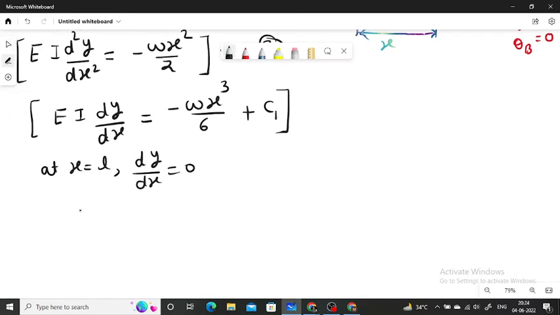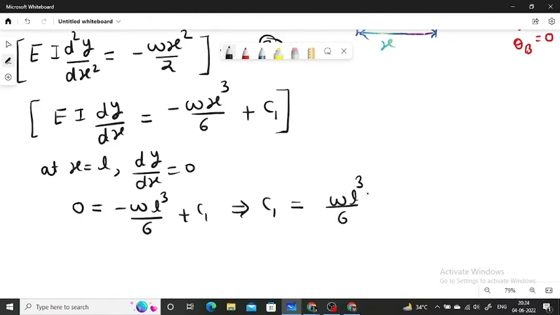So 0 is equal to minus WL cube by 6 plus c1, which implies c1 is equal to WL cube by 6.